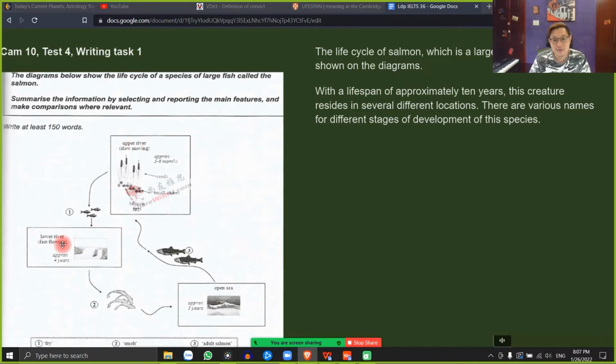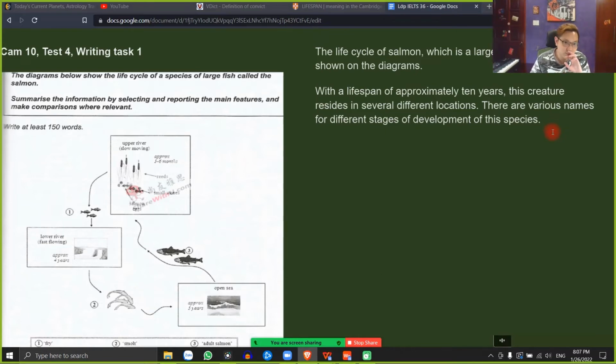Because upper river and lower river, this is all fresh water, isn't it? But then another half of its life cycle is spent in open sea, which is very salty. So salty water. Well, this is also worth mentioning.